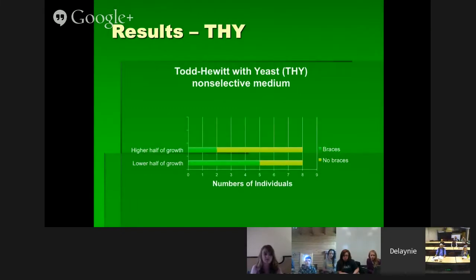And our last one was the Todd Hewitt with yeast. It is also non-selective, just like the TSA, but this one turned out different than the other two because it had more non-braces with more growth than braces, unlike the other plates.